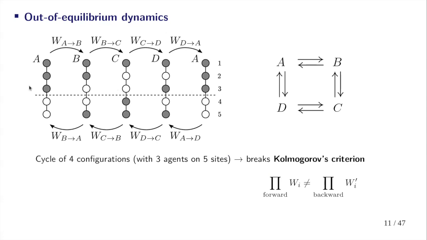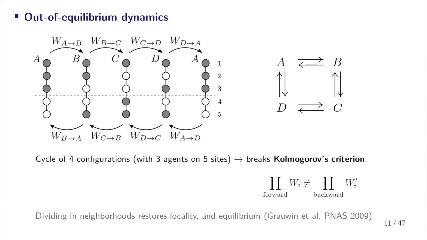You find a cycle that doesn't have the same probability to be seen in the forward way and in the backward way. This is the so-called Kolmogorov criterion, and it's intrinsically related to the fact that when you have this discrepancy, you have entropy creation in the system. So your system is genuinely microscopically out of equilibrium.